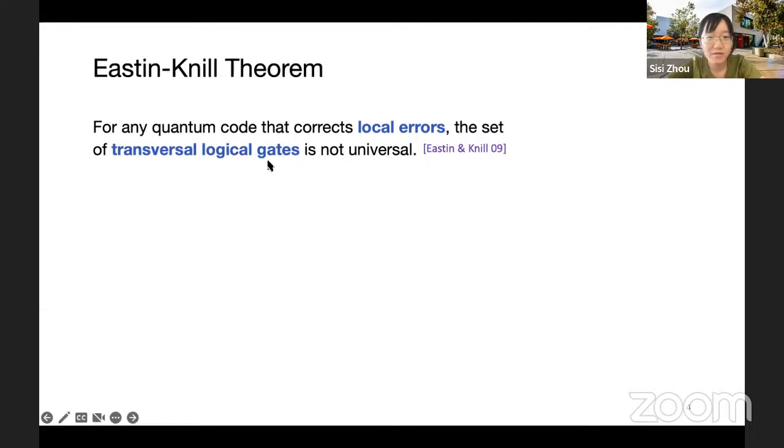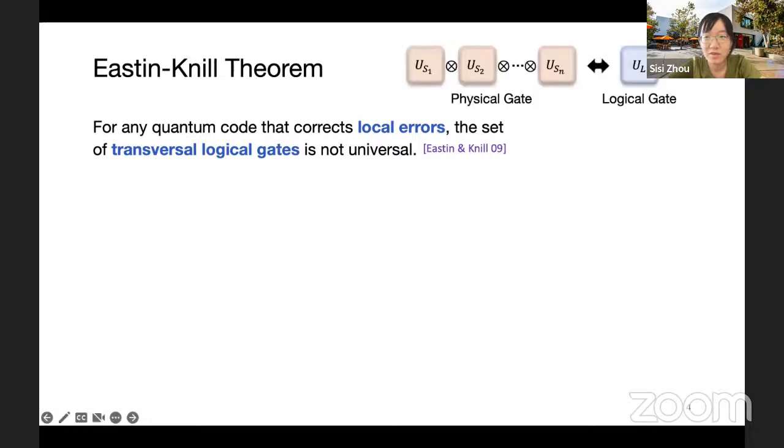By transversal, I basically mean the situation where we have an m-partite system, and the gates act independently on each of the subsystems. So the entire gate is the tensor product of unitaries acting on each subsystem. We call this type of gate a transversal gate, which is very useful in fault-tolerant quantum computing.